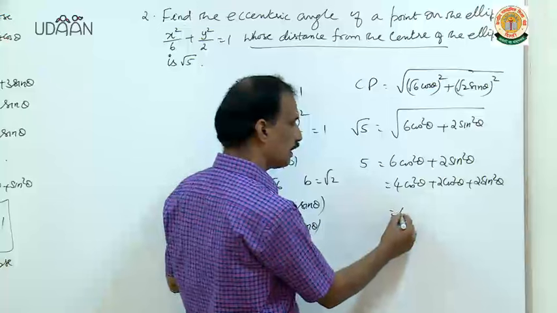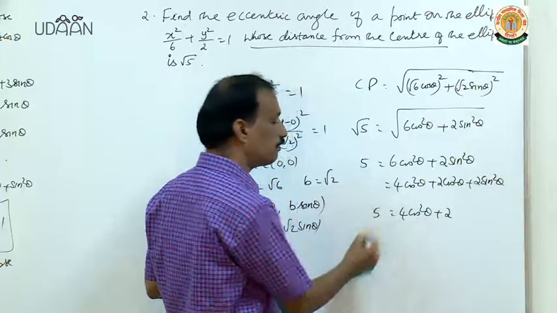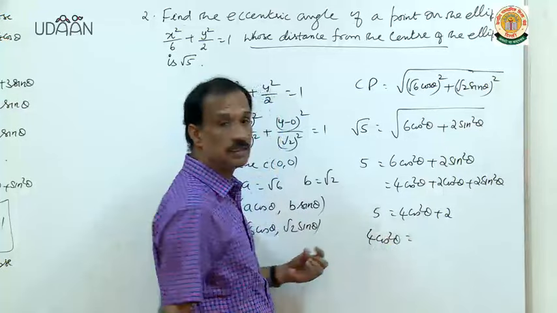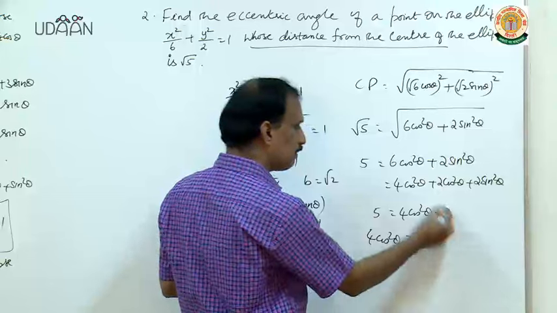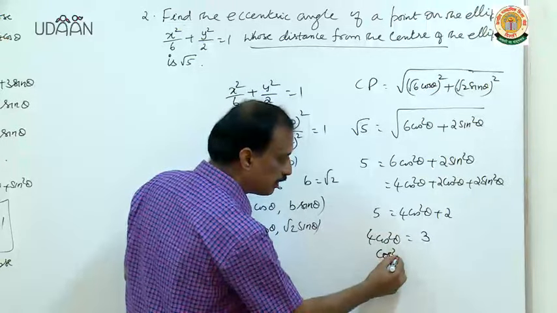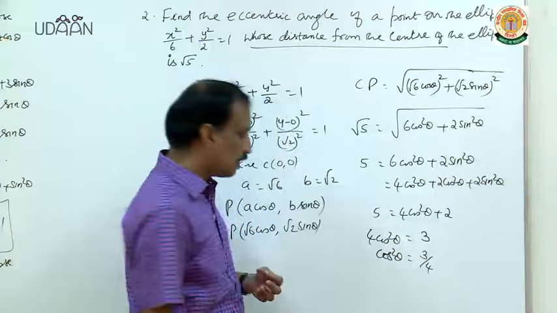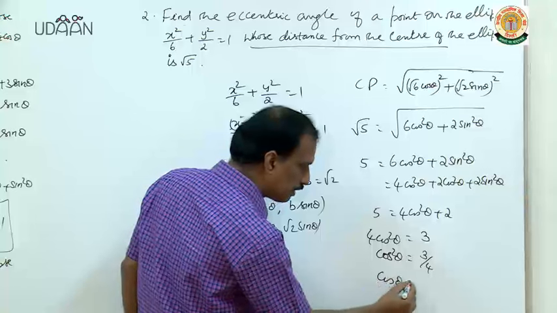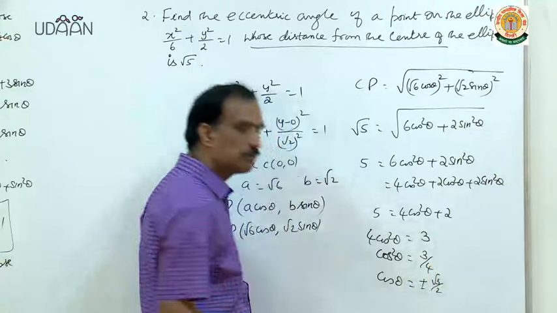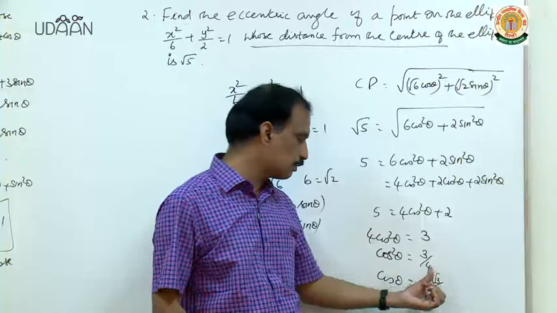So we get 4 cos squared theta plus 2 equal to 5, or 4 cos squared theta equals 5 minus 2, which is 3. So cos squared theta equals 3 by 4, and cos theta equals plus minus root 3 by 2.